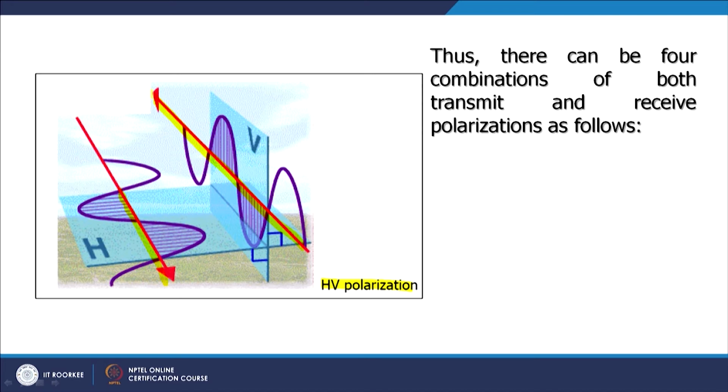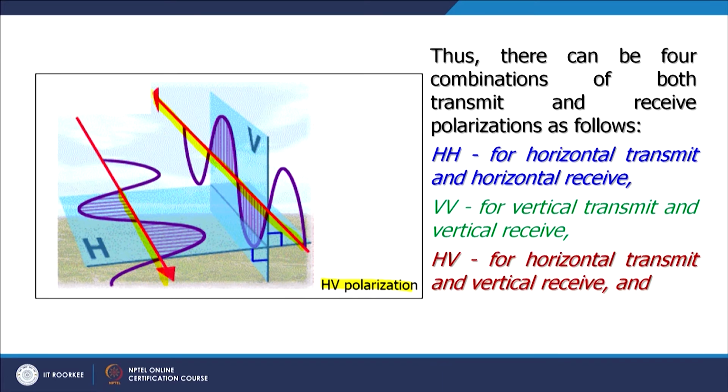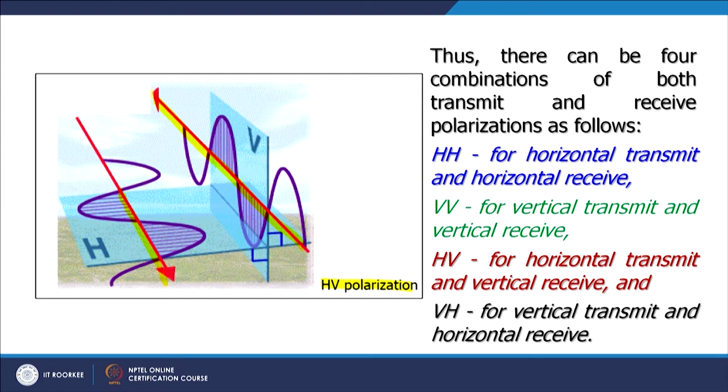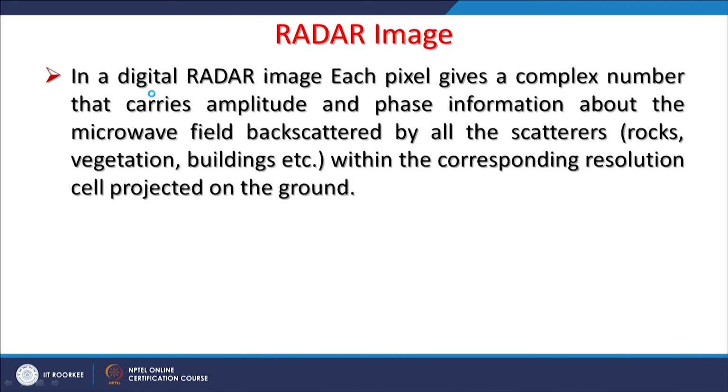Thus there can be 4 combinations of transmit and receive polarizations: HH for horizontal transmission and horizontal receive, VV for vertical transmission and vertical receive, HV for horizontal transmit and vertical receive, and the reverse, VH, that is vertical transmit and horizontal receive. So, 4 combinations are possible with these radar data.